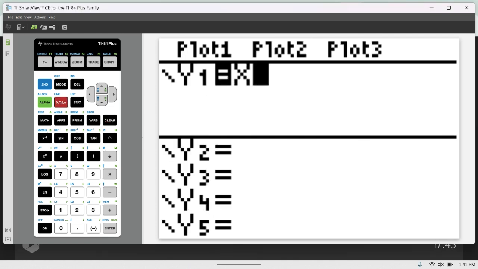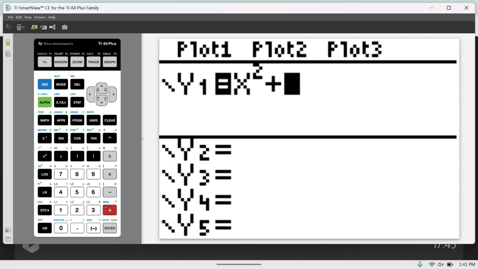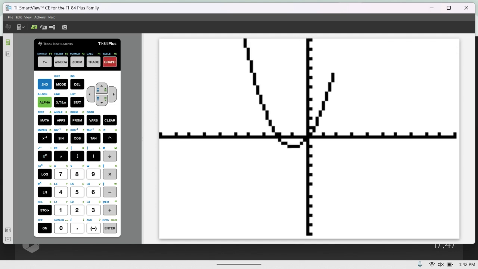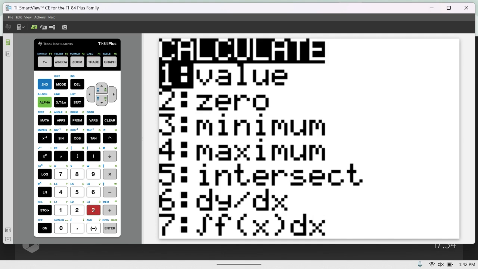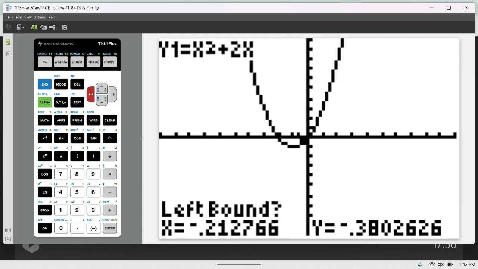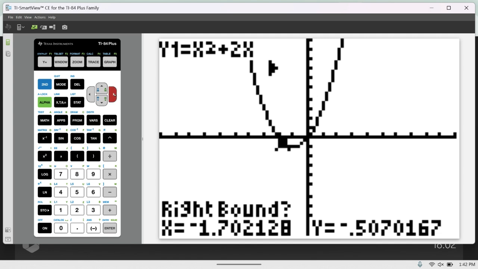So I have x squared plus 2x. I'm going to hit graph. We know it's a minimum, so I'm going to hit second trace 3. If I go to the left a little bit of the vertex, hit enter. Go to the right a little bit.